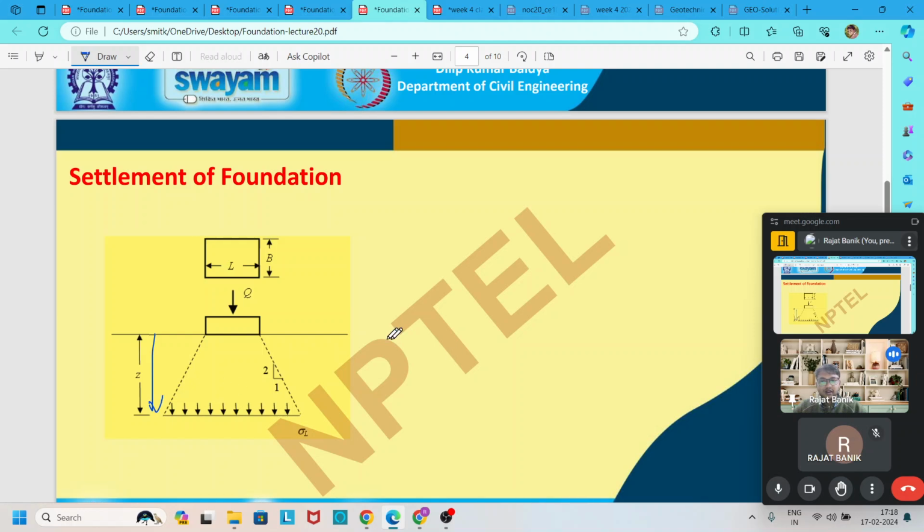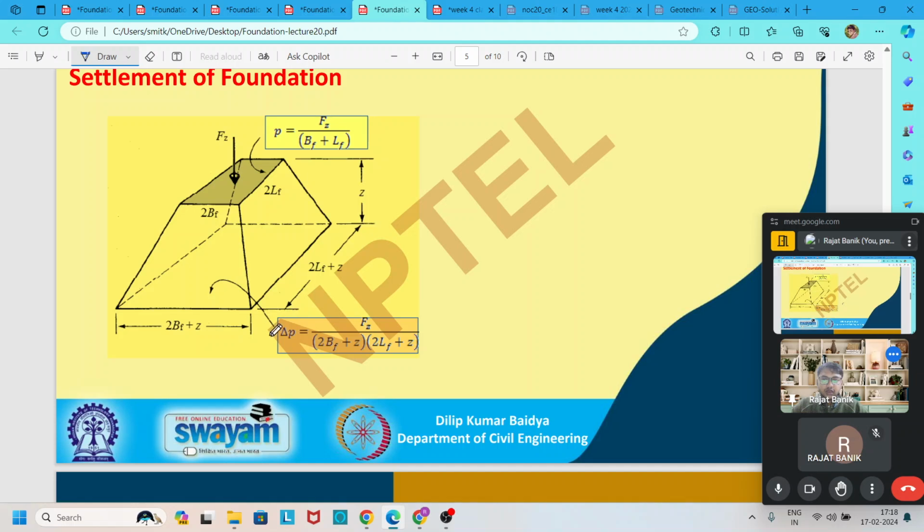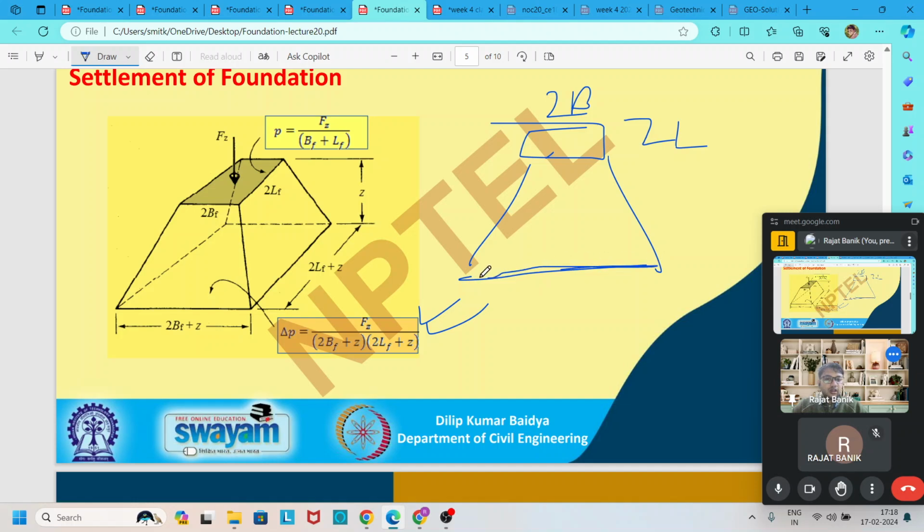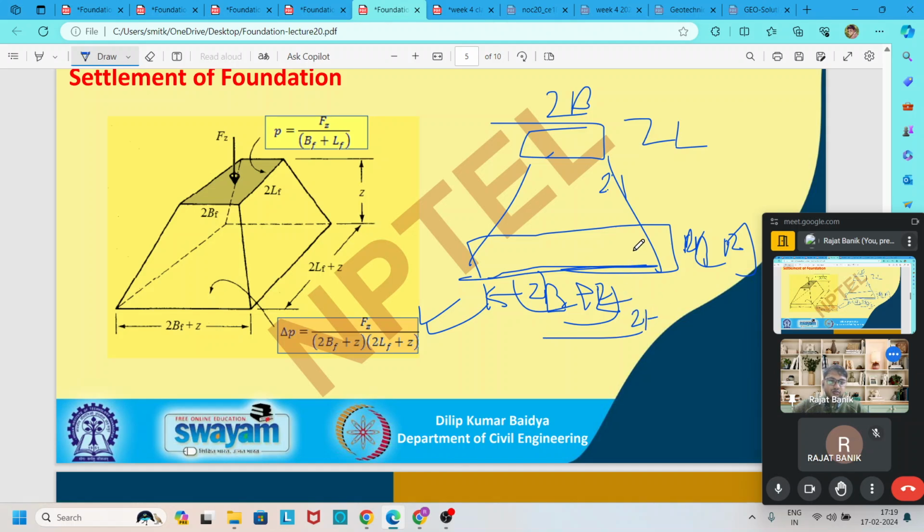If the depth is Z, then with the load dispersion method at 2 is to 1, we use this approximation also to find out our del P. If the foundation is rectangular with dimensions L into B, then at a depth of Z, with load dispersion 2 is to 1, our foundation becomes 2L plus Z, and width is 2B plus Z, because it is like that.